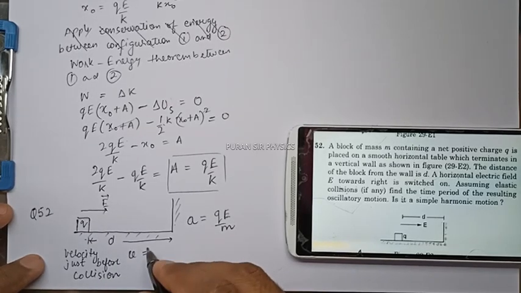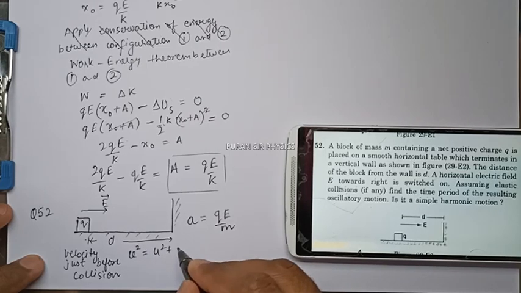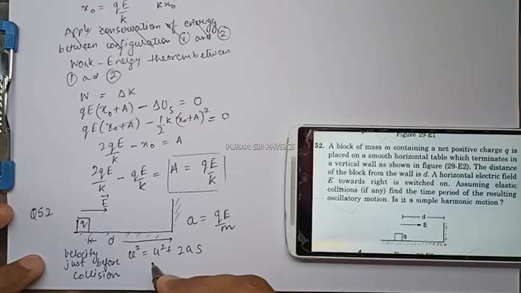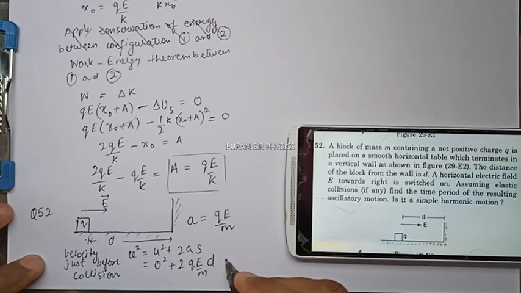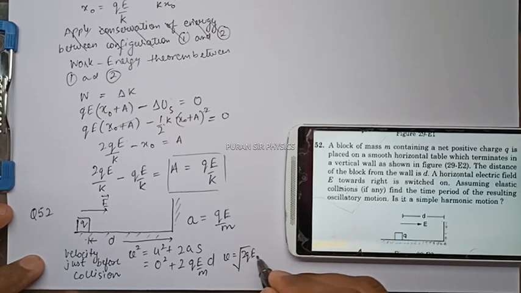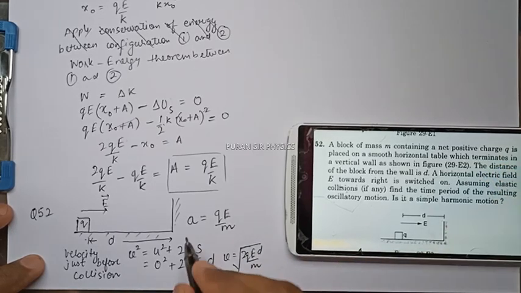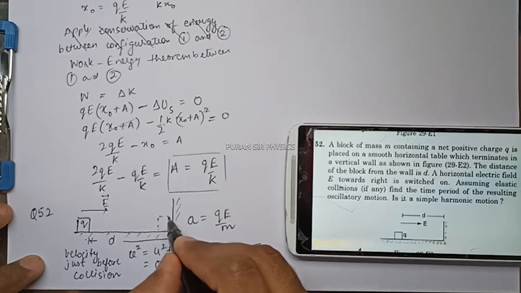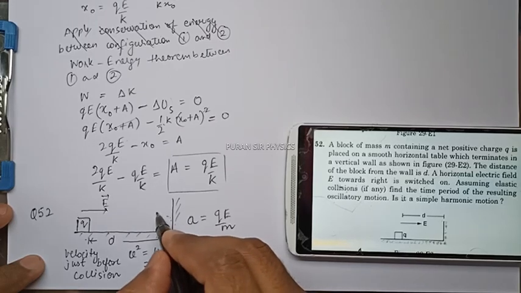So it comes out from v square equals u square plus 2as. This equation we can apply, and your u is 0 in this case, and your acceleration is QE by m, and s is d. So from here v comes out to be square root of 2QEd by m. So this is the velocity with which it will strike.